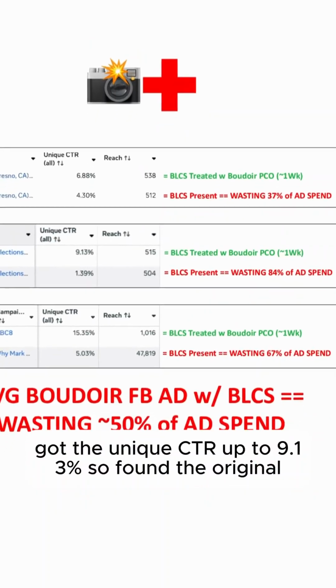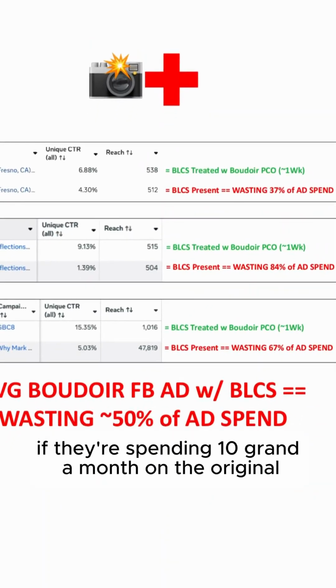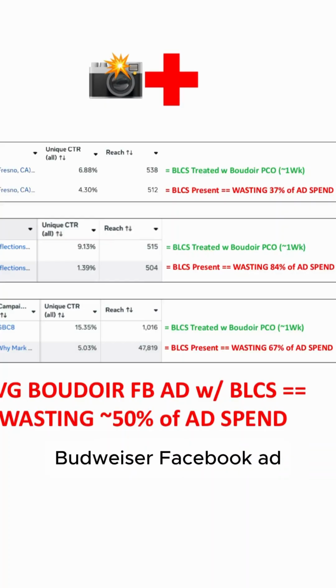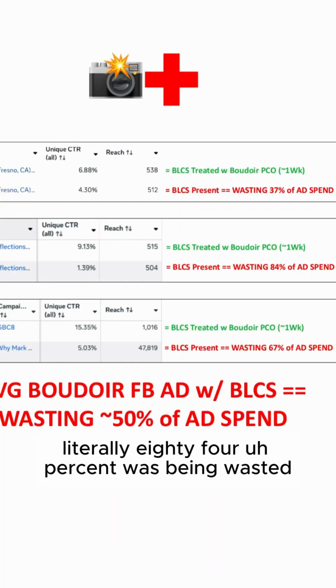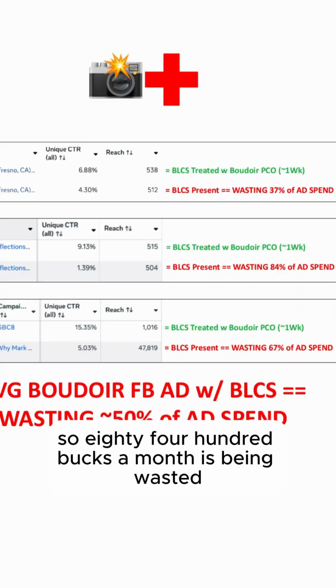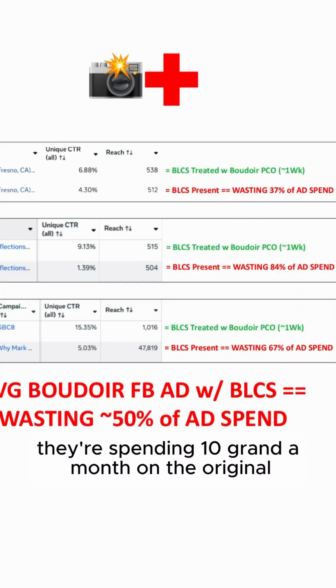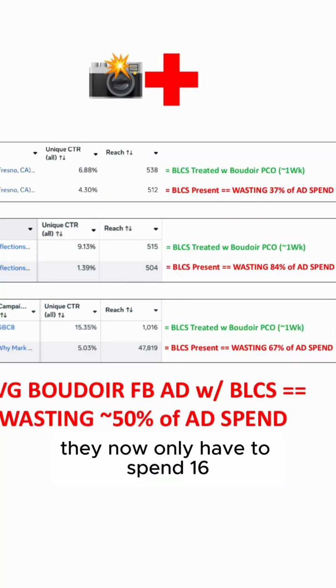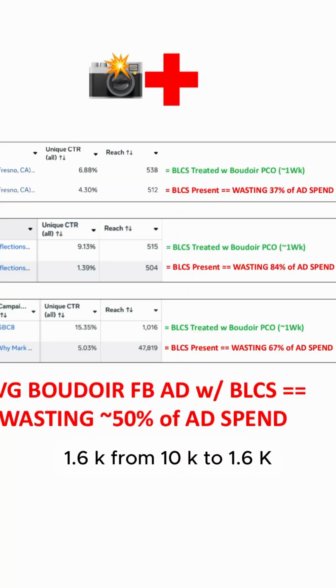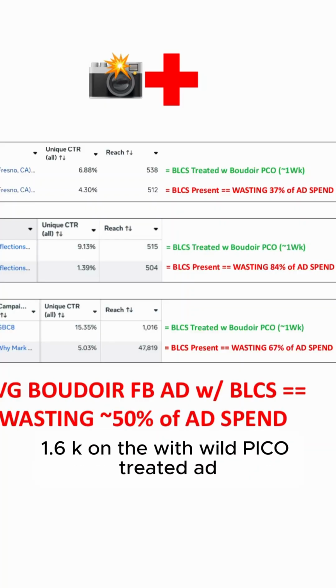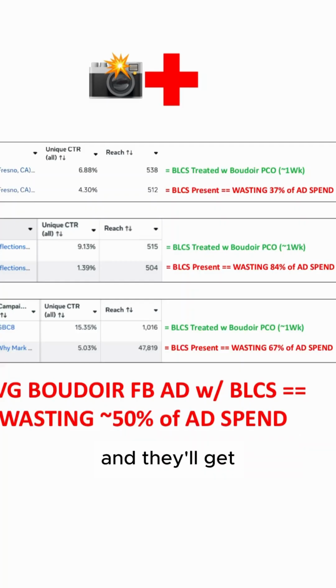So found the original, if they're spending 10 grand a month on the original Boudoir Facebook ad, it was wasting 84, literally 84 percent was being wasted. So $8,400 a month is being wasted. So if they're spending 10 grand a month on the original, they now only have to spend 1.6K, from 10K to 1.6K, on the Boudoir Pico treated ad, and they'll get that into the same number of women's brains in both scenarios.